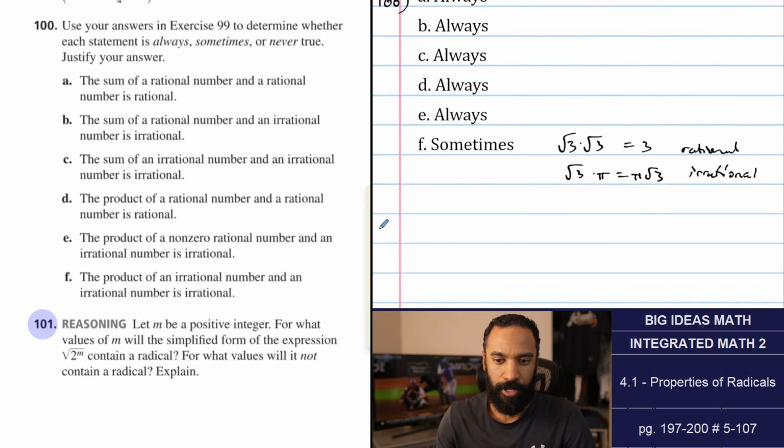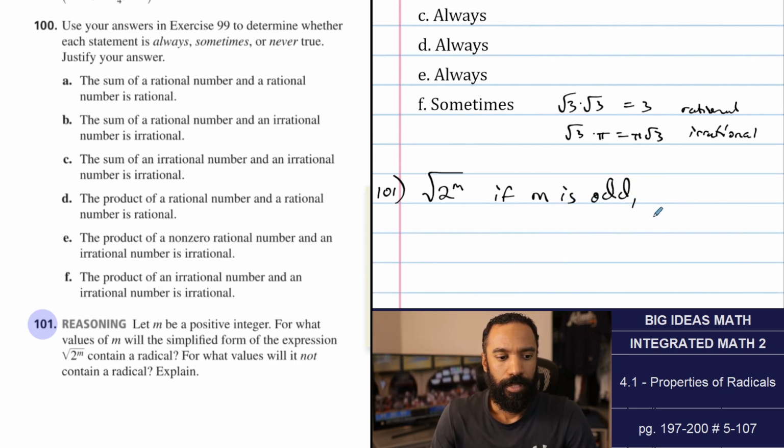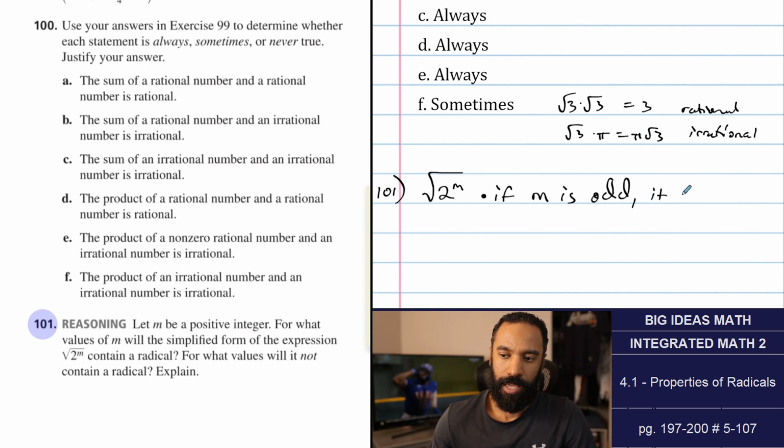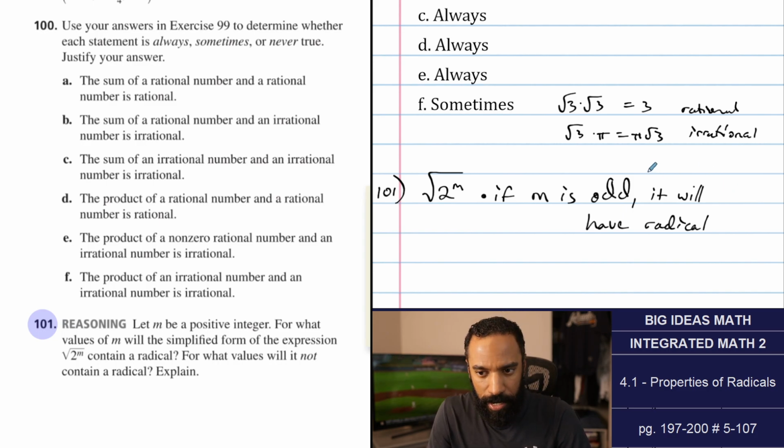That's good, because I was going to talk about negatives with it. So root 2 to the m. If m is odd, it will contain a radical. If m is an odd number, that's not true at all.